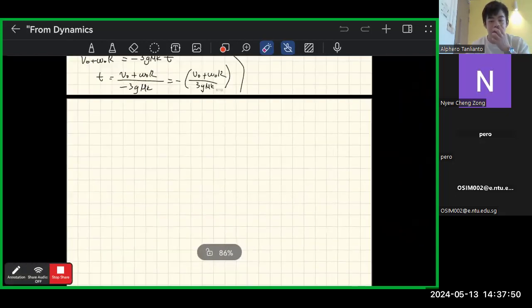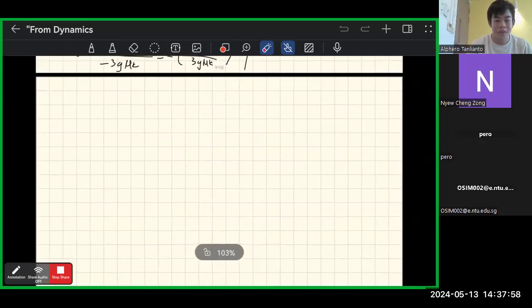But I haven't covered the bullet hitting the block problem. We'll go through that after this, because that's a problem where you have things hitting.